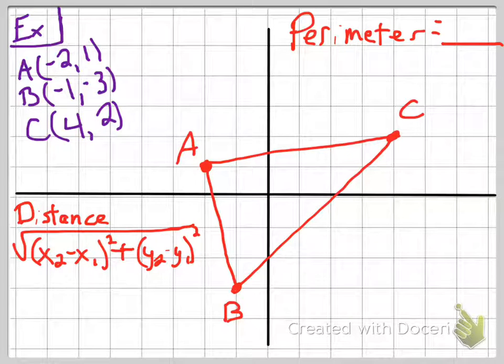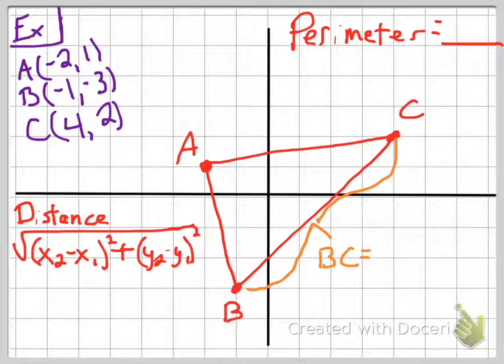I'm going to find the distance between B and C here. I want to know the length of that side. So basically, I'm going to name that length BC, and I'm going to use my distance formula. And you have to go back to your points.